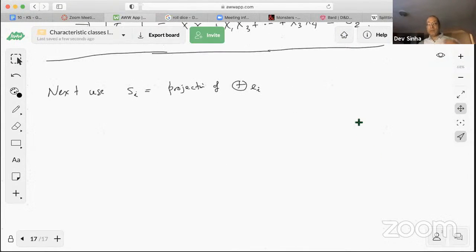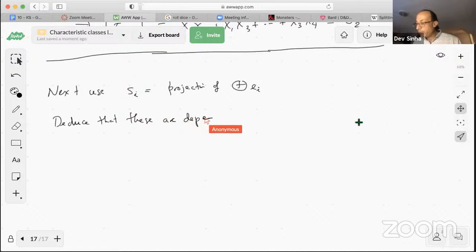And then what we see is that to get our sections, we deduce that these are dependent if and only if all the L_i's are dependent, for i from 1 to 4 together.